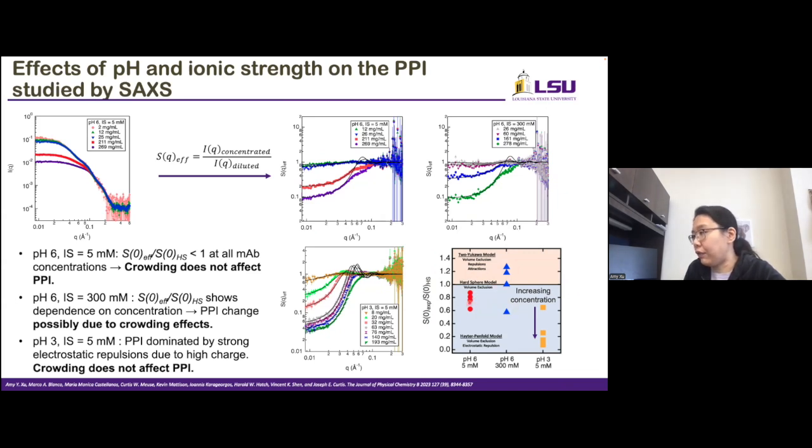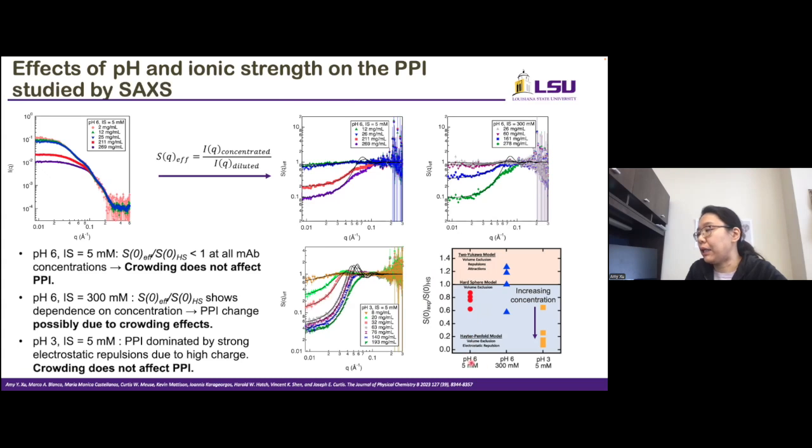In this figure, each one of these dots represents a particular sample that I have measured, so each dot represents a particular concentration. Generally, with increasing concentration, the structure factor ratio becomes further away from 1.